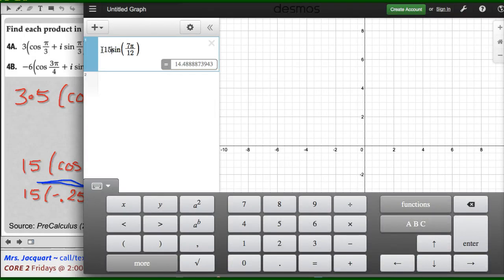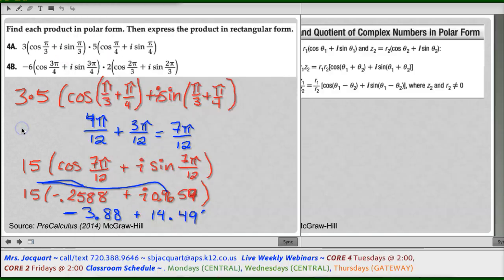So this becomes 14.49 i. And then cosine will be minus 3.88 plus 14.49 i.